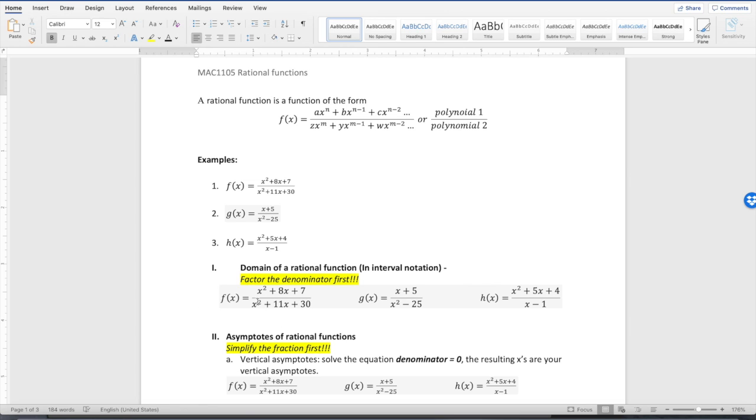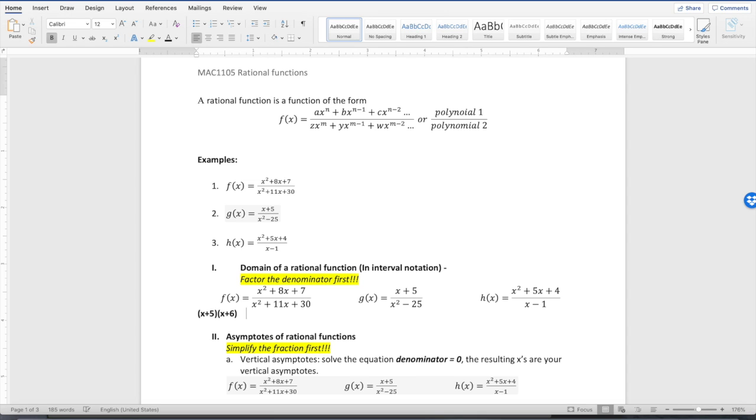It's a quadratic trinomial. I'm looking for two numbers that multiply to 30, but also add to 11. Those numbers are 5 and 6. 5 times 6 is 30, and 5 plus 6 is 11. So this denominator here for function f factors into x plus 5 and x plus 6. Now let's factor x squared minus 25.